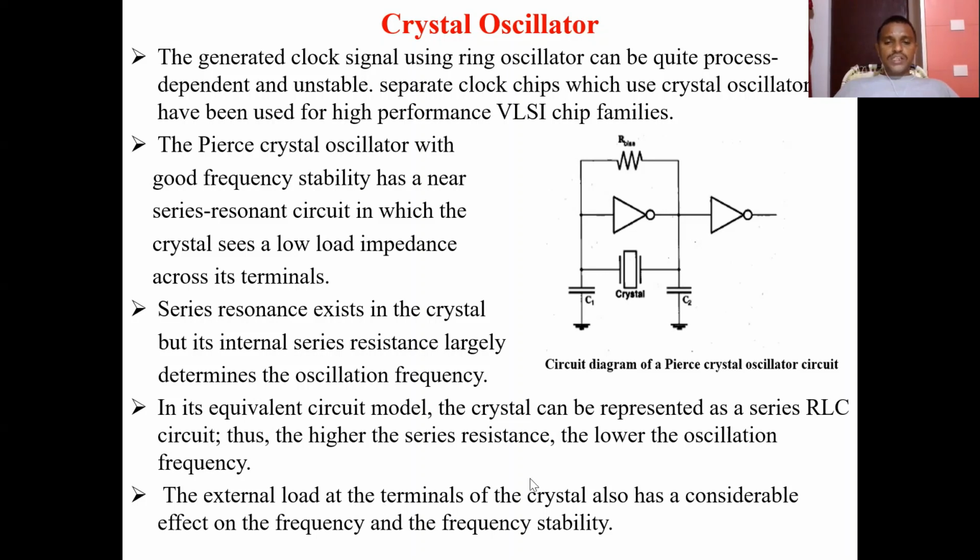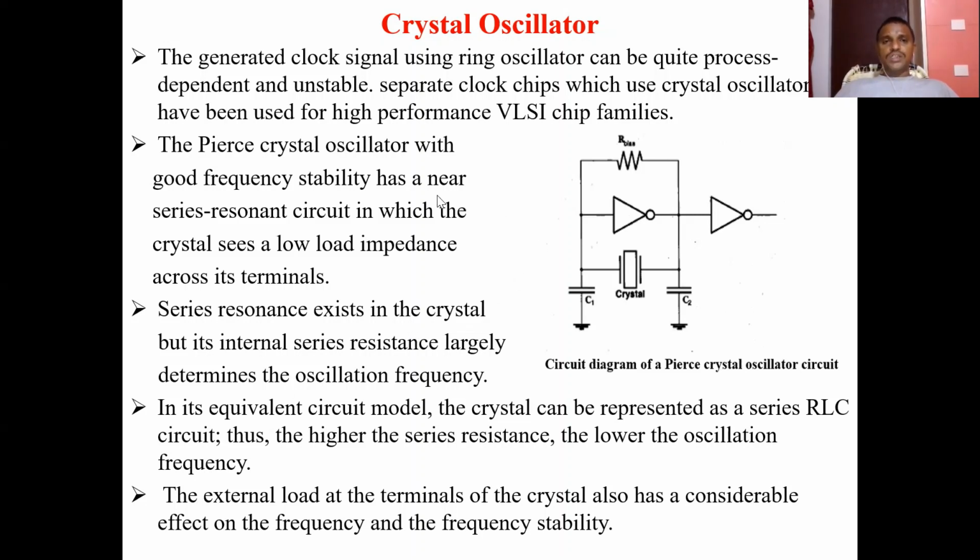The external load at the terminals of the crystal also has a considerable effect on the frequency and frequency stability. That is, whatever we connect at the external point of this crystal oscillator, here two inverters, also affects the frequency of the clock signal and its stability.